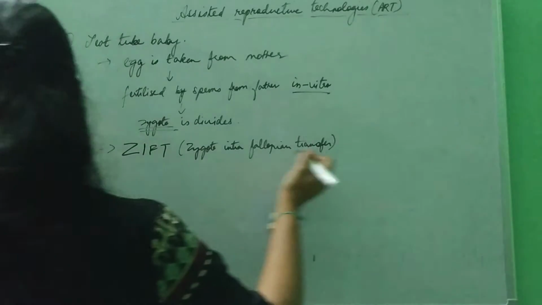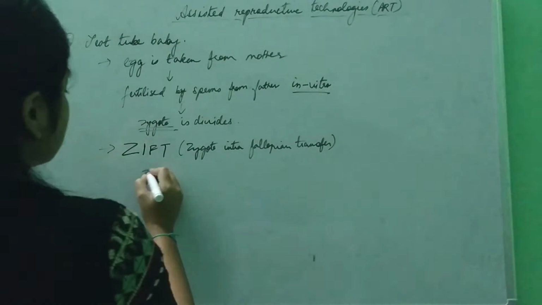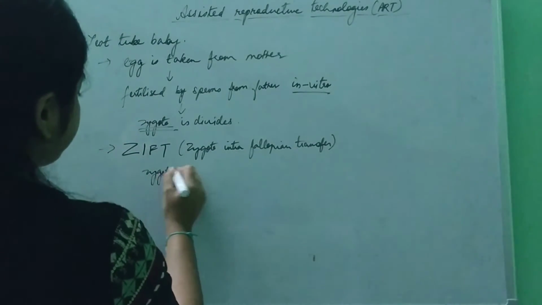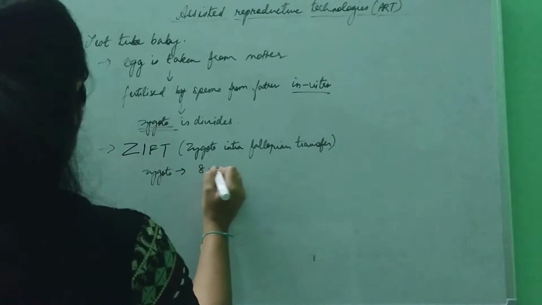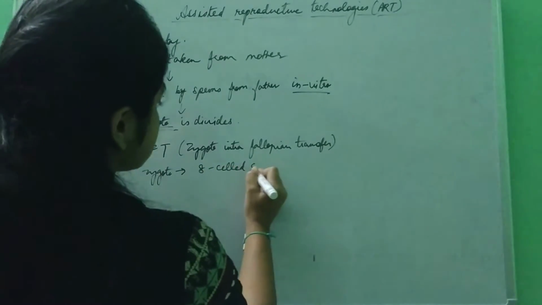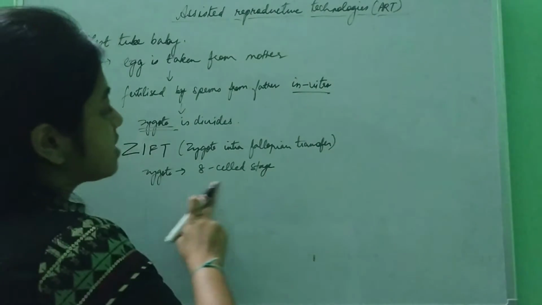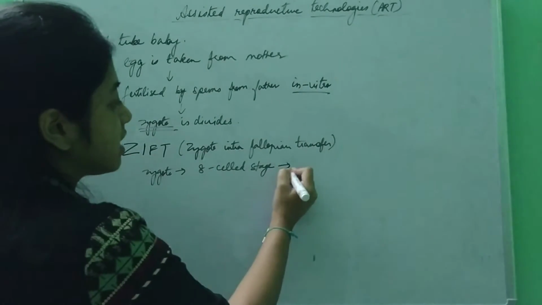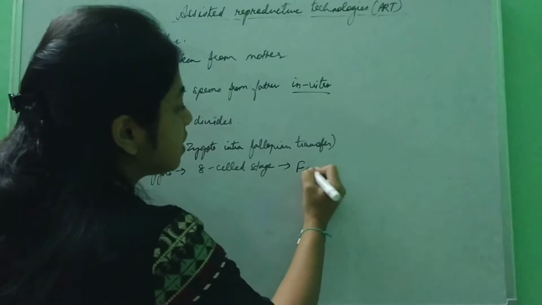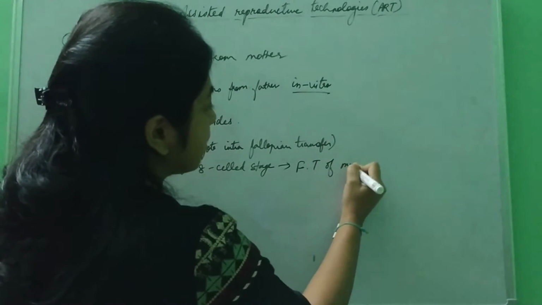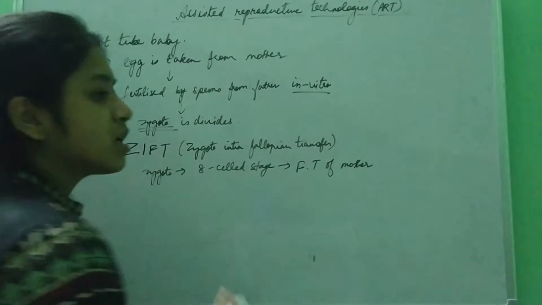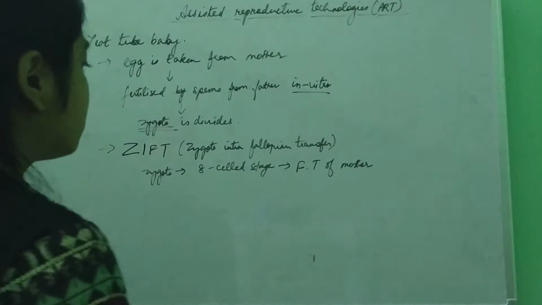It is done when the zygote is at an 8-cell stage. Then it is put in the fallopian tube of the mother, and the rest of the process continues normally in the mother's womb.